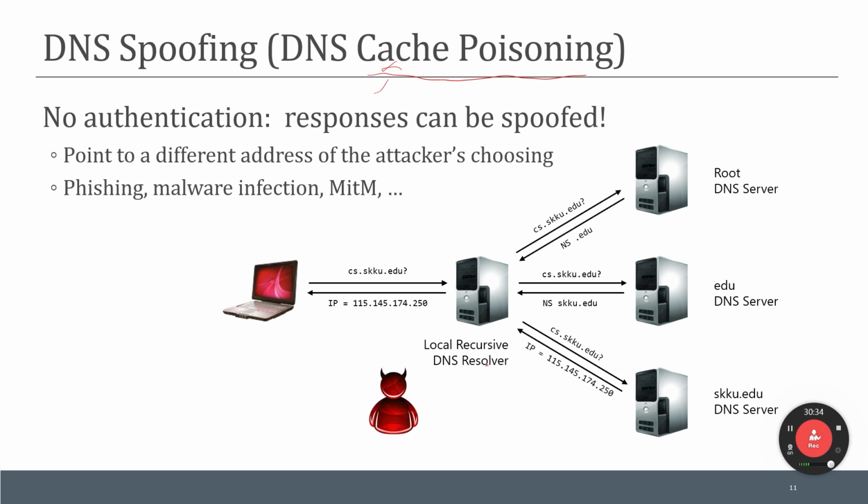As we can see, the local recursive DNS resolver also maintains a cache, and attackers can actually compromise this cache. In other words, an adversary can point to a different address of the attacker's choosing. The attacker wants phishing, or wants a victim to get infected with malware, or wants to do a man-in-the-middle attack.